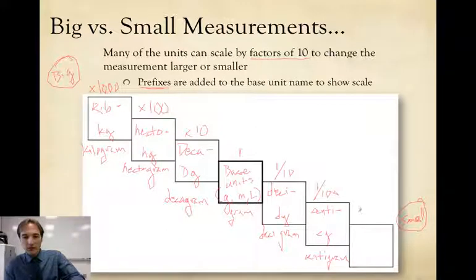And then the smallest, divide by 10 one more time. This becomes 1/1,000th, and the prefix is milli. Abbreviation is mg, and the name would be milligram. You might have heard of those. They're commonly used with medications.